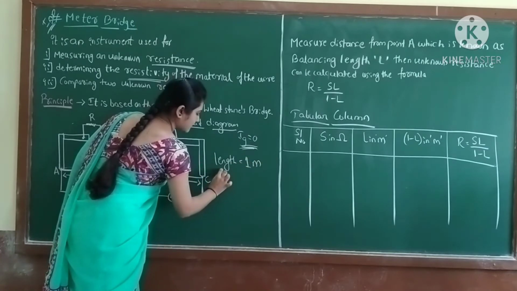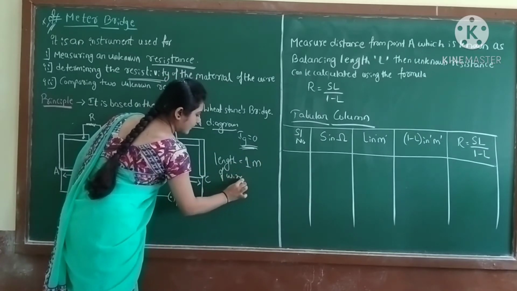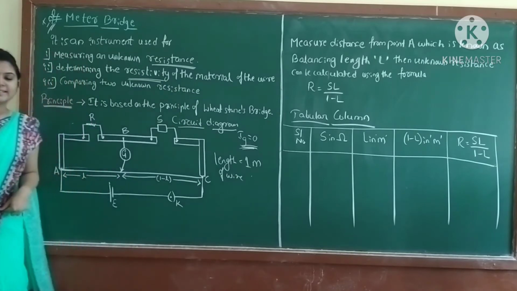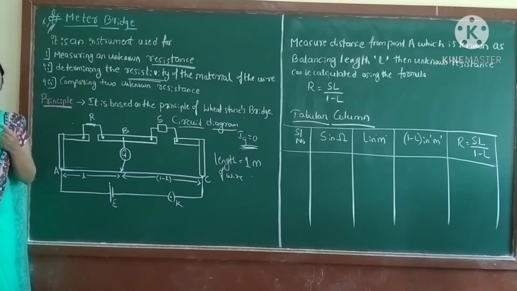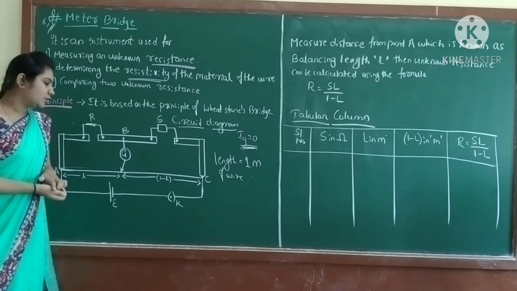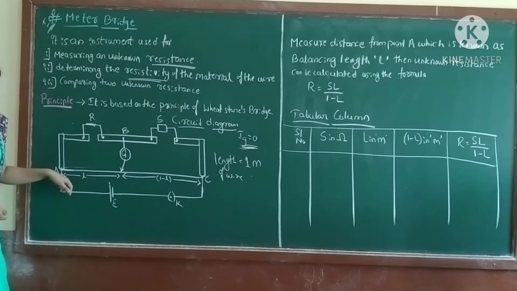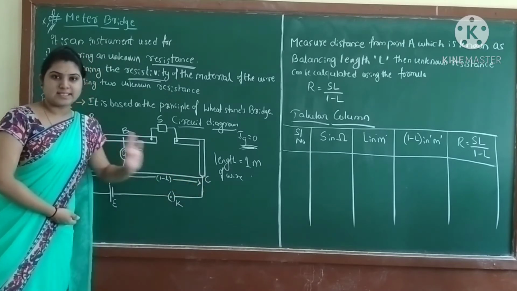So L, the wire length, will be how much? 1 meter. Take it that this is point A and this is point C.